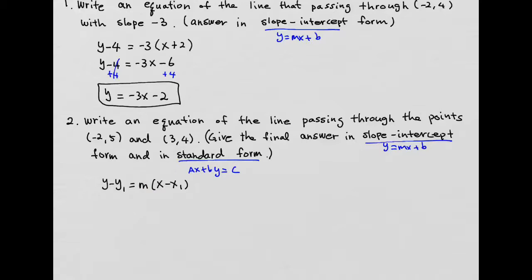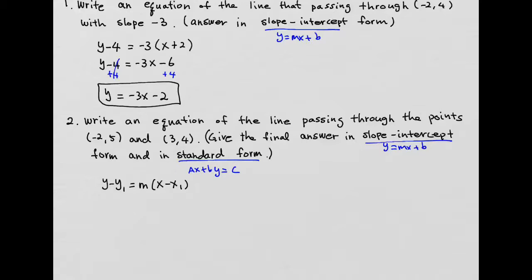But in this problem, the slope wasn't given; instead they gave you two points. So because they didn't give you the slope, the first thing we need to do is find the slope first. And then I use one of these points as the one point.